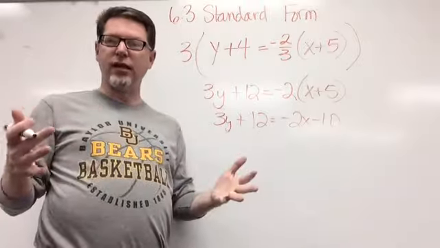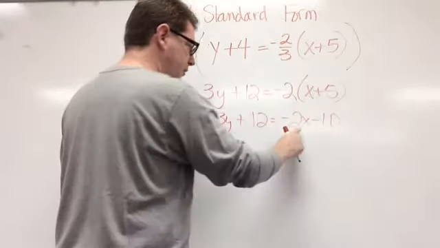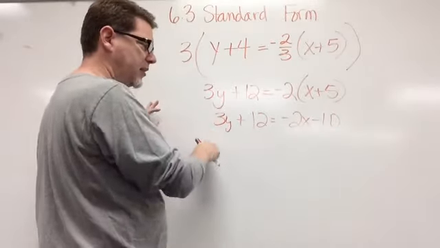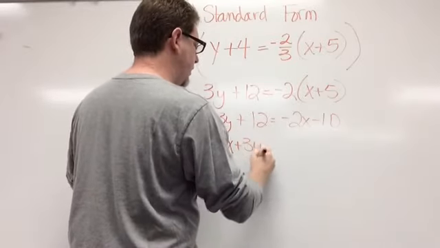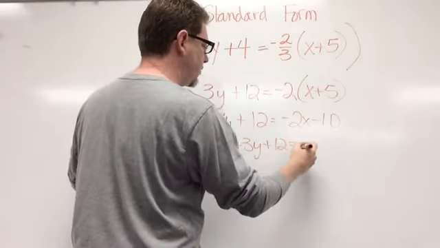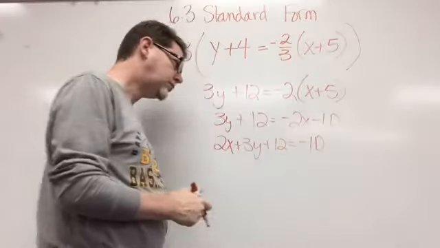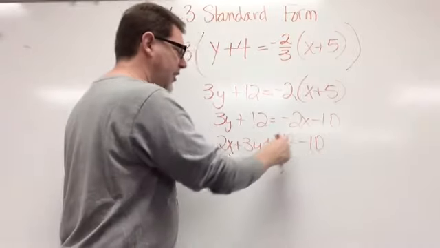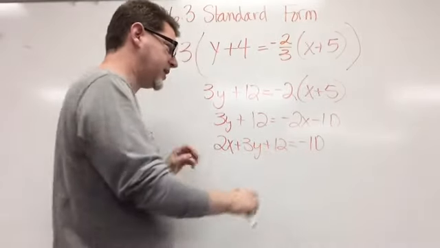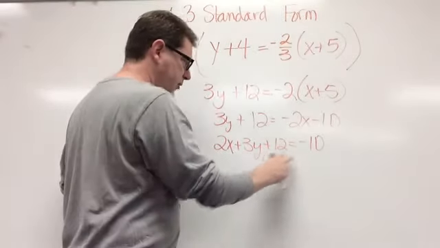So now we're back to getting x and y on the same side. So I'm going to move the negative 2x to the other side, and it's going to become positive. So we've got 2x plus 3y plus 12 equals negative 10. So now I need to get the 12 to the other side, and when I move the 12 to the other side, it becomes negative, or I'm subtracting 12 from both sides.